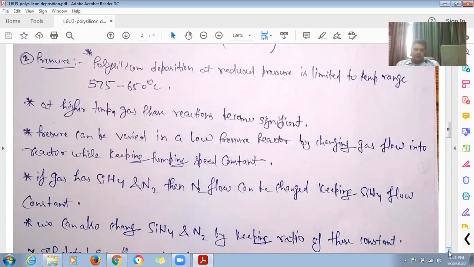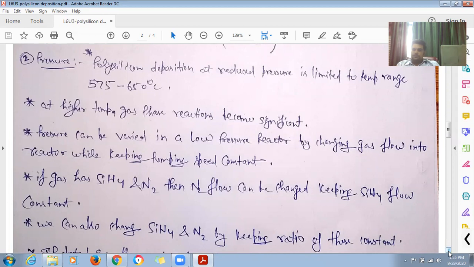Then we have two components, SiH4 and nitrogen. So what we can do is change the flow of nitrogen gas, but keep the SiH4 flow constant.